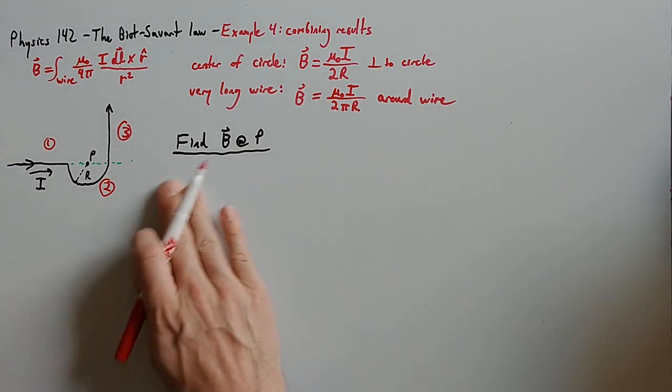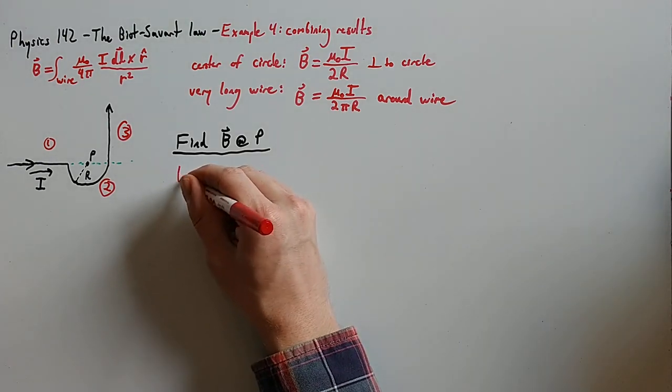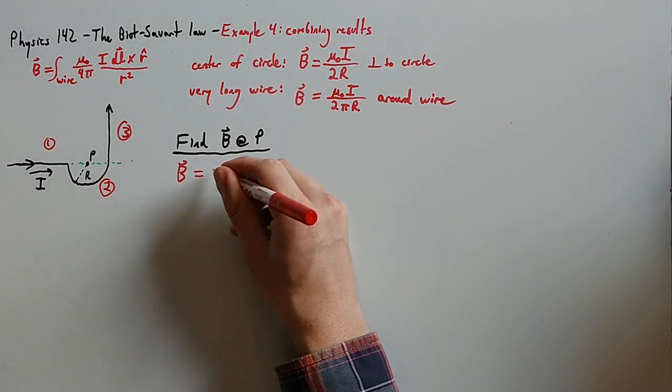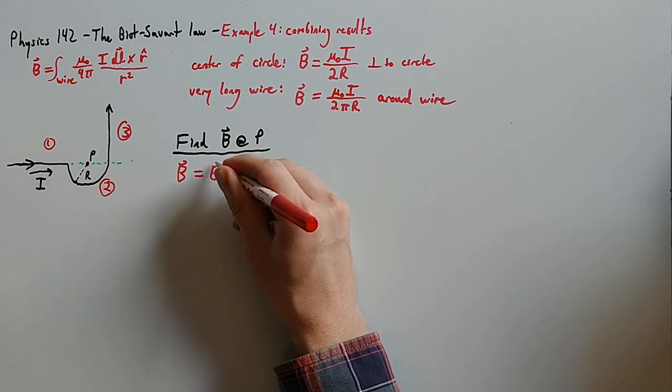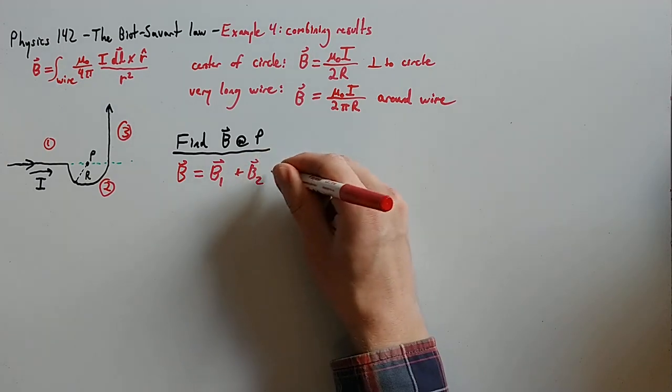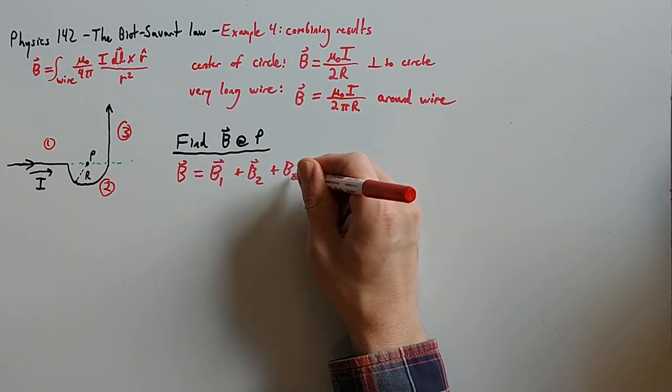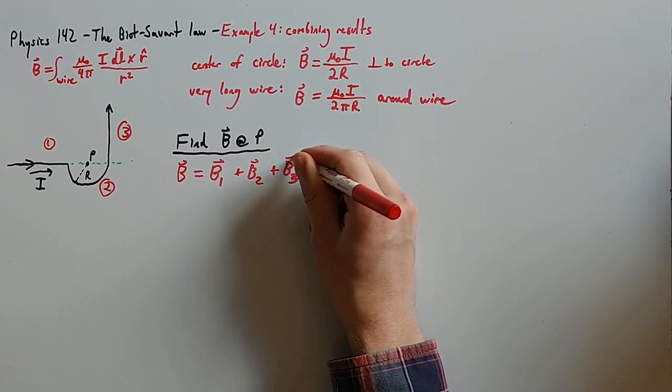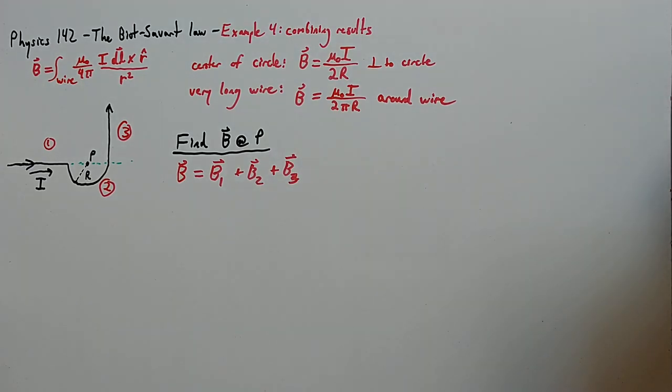Our total magnetic field should then be the magnetic field from part 1 plus the magnetic field from part 2 plus the magnetic field from part 3. So let's sit down and compute these parts and see what happens.